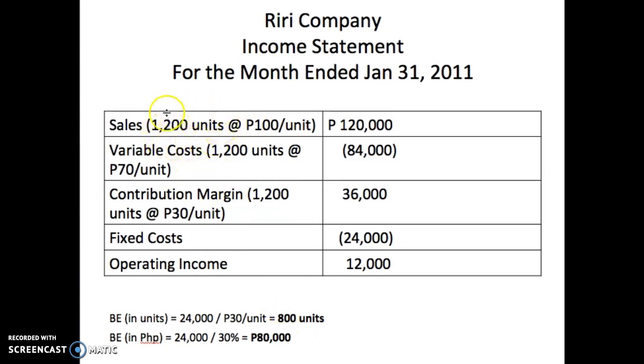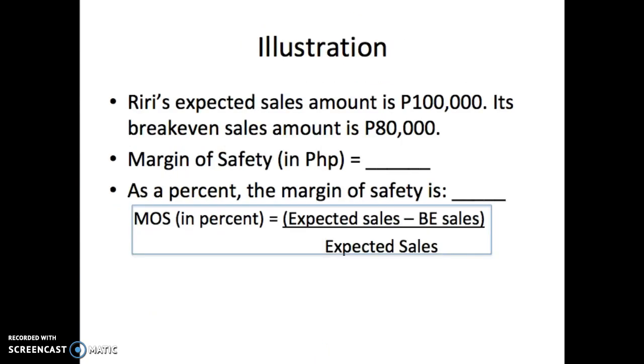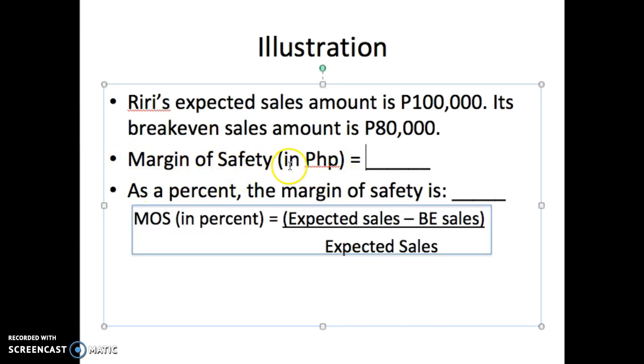Subtract that from 1,200, which is the actual number of units that was sold. Then that will be your margin of safety in units. So looking at that, margin of safety in pesos is just 100 minus 80. That'll be 20,000. Meaning our sales exceeded the break-even point by 20,000, and that is why we have income.